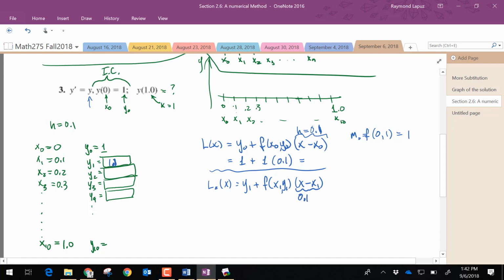And then now I need to put my x1 is 0.1, but there's no x's in here. My y1 is 1.1, so your slope m1, 0.1 and 1.1, is equal to 1.1.